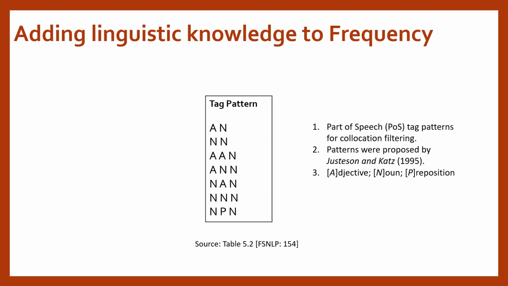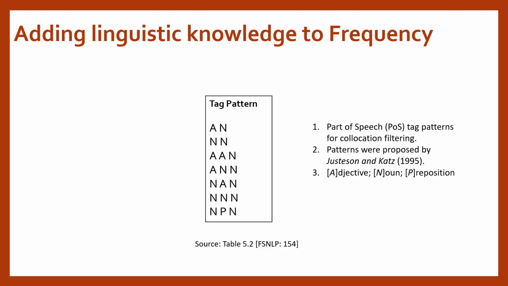But what we can do to take care of such a thing is very simple: if you add some linguistic knowledge along with the frequency, perhaps the result may improve.